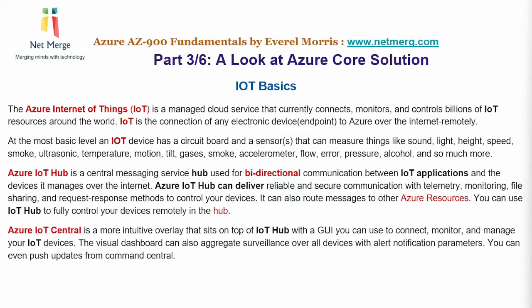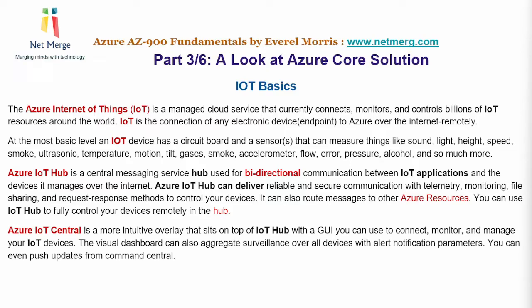It's at the bottom of the pyramid. Now, IoT Central has everything that IoT Hub has, but it has a little more control. It has a graphical user interface, a more intuitive user interface that you can use to do the same thing: connect, monitor, and manage your IoT devices. The dashboard can also aggregate surveillance over all your devices and send alert notifications.